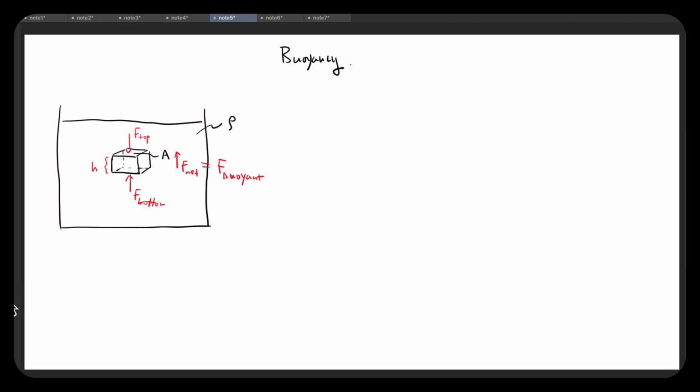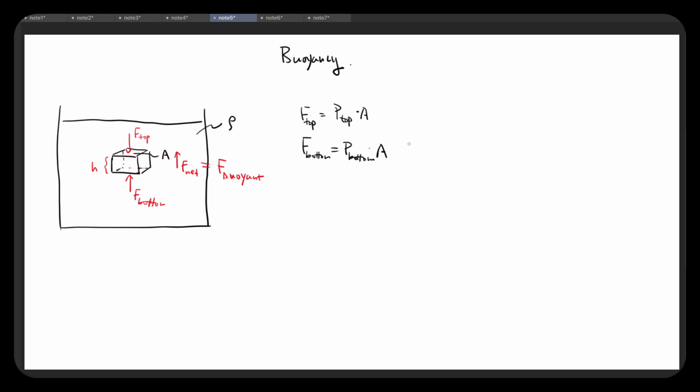Now we know F top is given by P top times A. And F bottom is given by P bottom times A. And there's a relation between the top and bottom because of this height h.